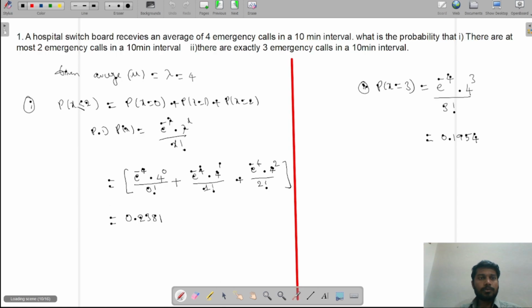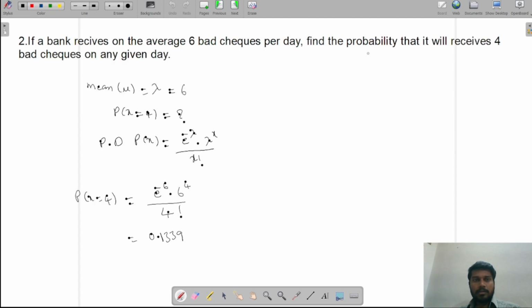See, this is the first question. In this question, he is asking to find the probability that there are exactly 3 emergency calls in a 10-minute interval. Second question, find the probability that it will receive 4 bad checks on any given day, meaning x equal to 4 here.